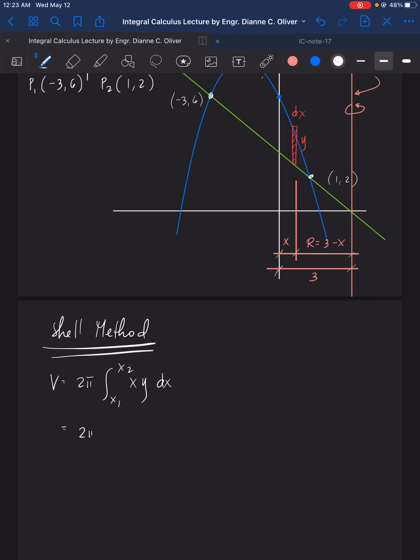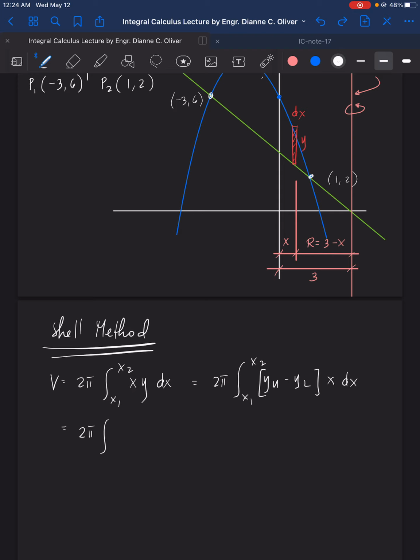So we now have 2 pi integral of the y upper minus y lower, with x as the radius, dx, from x1 to x2. This y upper minus y lower is the height of the cylindrical shell, and then x is the radius.